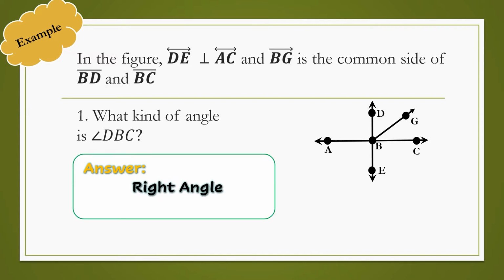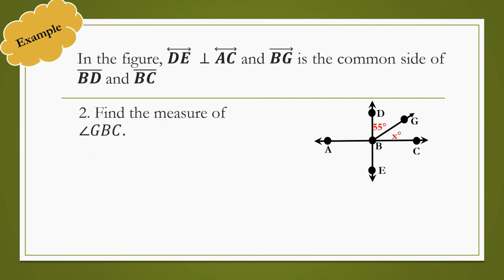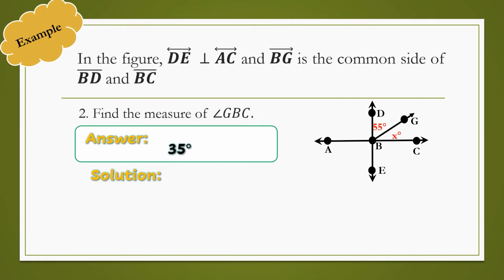Yes, the correct answer is right angle. Using the same figure, find the measure of angle GBC if angle DBG is 55 degrees and angle GBC is x degrees. The correct answer is 35 degrees.